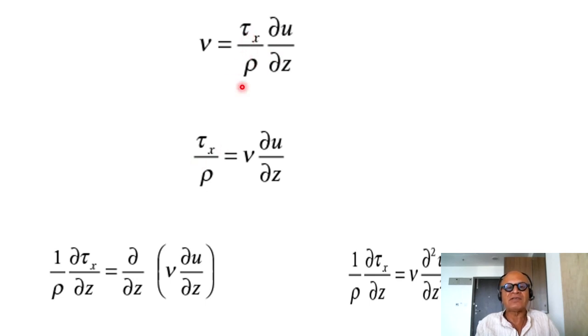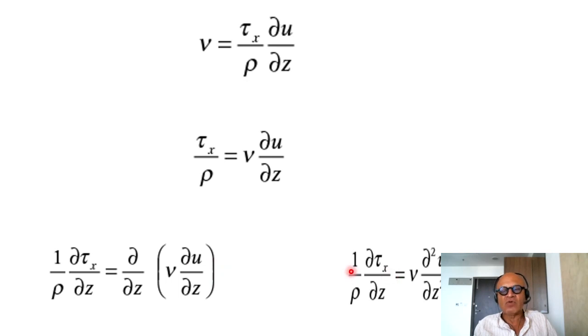So you can write tau x over rho then as the viscosity times du dz. Okay, so you can think of the definition we got for 1 over rho del tau x del z as del z of nu du dz.